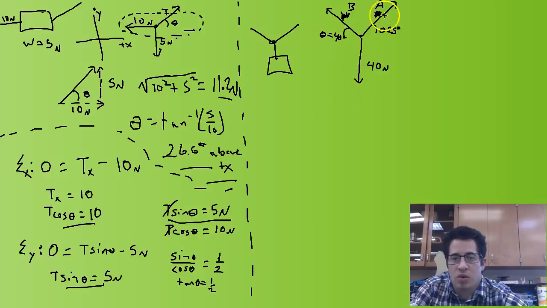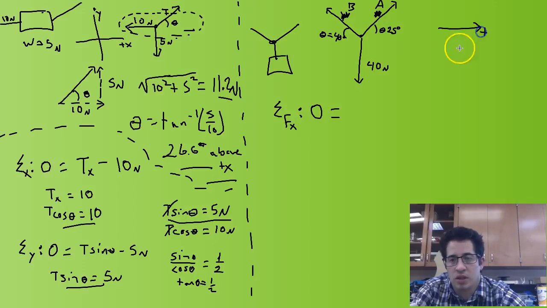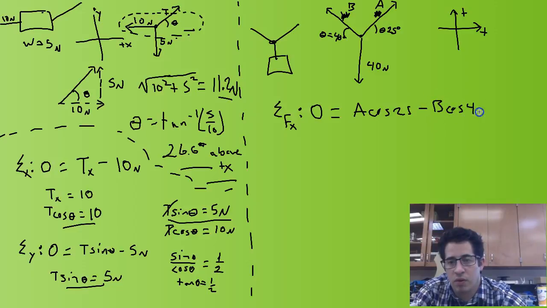So what we can do though is we can set up again net force equations. So we're going to start by finding the net force in the x direction. Since it's in equilibrium, we can say that's equal to 0. We'll again say this way is positive and that way is positive. So we'll say A cosine of 25 minus B cosine 40 equals 0.